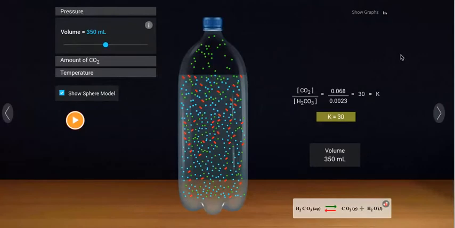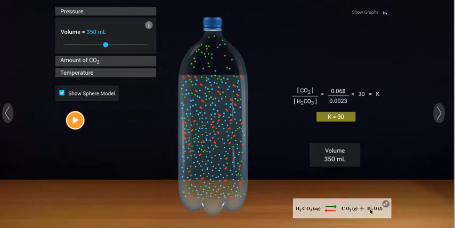In this simulation, I'm going to be applying different stresses, and at the side we have the mass action expression for this reaction. Notice that this is the equilibrium reaction written below, where you have H2CO3 decomposing into CO2 gas and liquid water on the right.